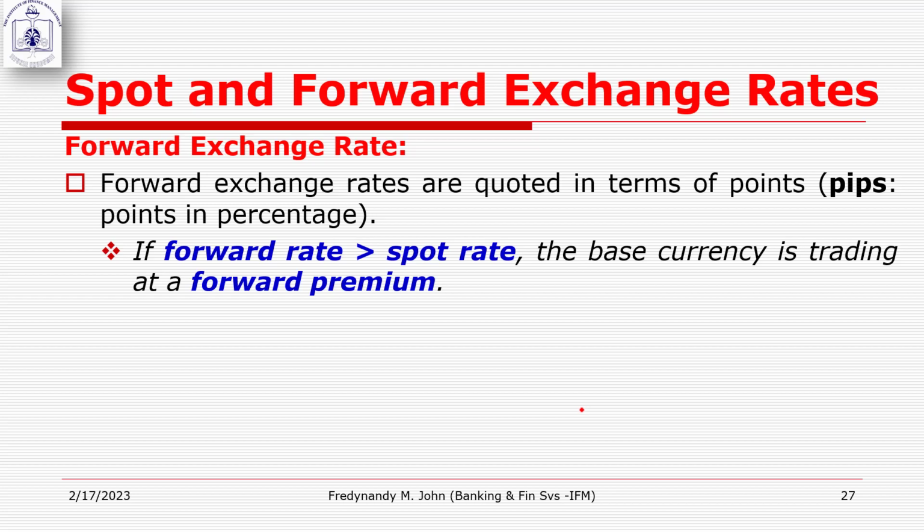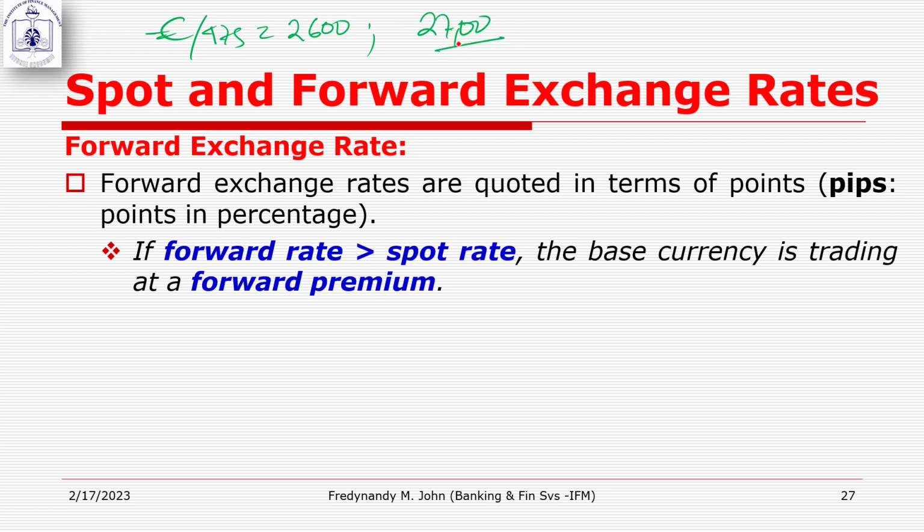I'll say again, if today the exchange rate between euro and Tanzanian shillings is 1 euro to 2,600 Tanzanian shillings, and then the forward rate of Tanzanian shillings per euro becomes, let's say, 2,700.